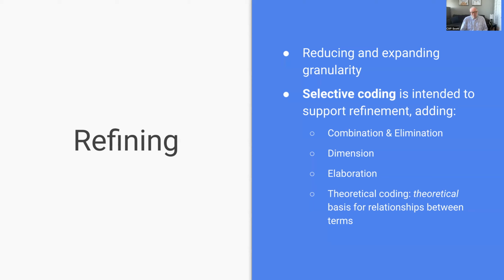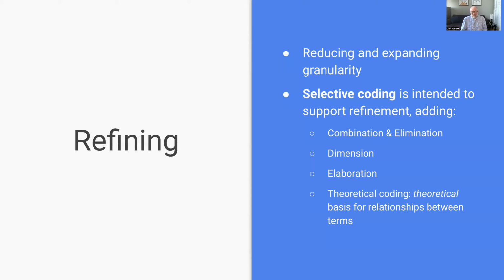Are there categories that are adding detail in a way that's not necessarily adding quality to the explanatory dimensions of what you're doing, and so you want to combine some of these categories and make it a little bit simpler. So in some ways, you may be expanding granularity, you may be breaking categories down further, or you may be combining and eliminating categories.